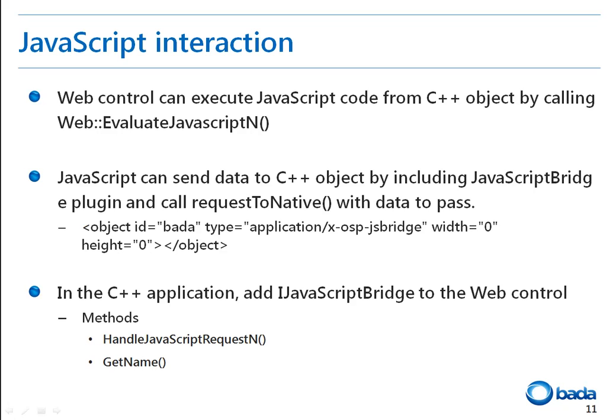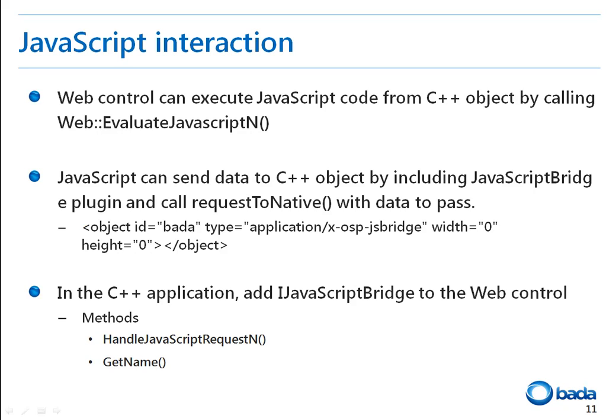The iJavaScriptBridge interface has two APIs, HandleJavaScriptRequestN and GetName. The HandleJavaScriptRequestN API is invoked when the JavaScript request to native method exported by the JavaScript Bridge plugin is called.